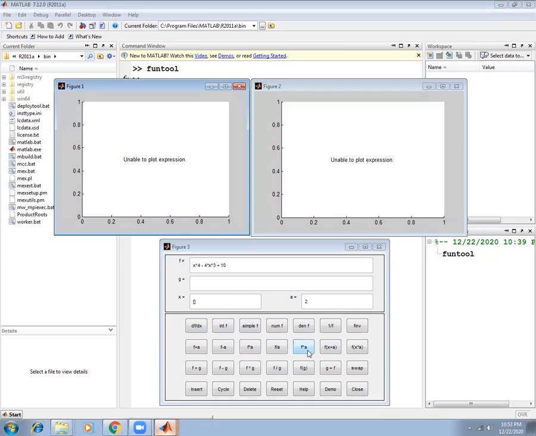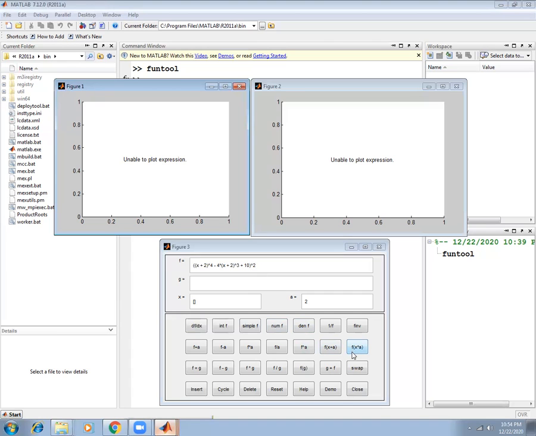f power a, the fifth control button, will return the symbolic representation of f raised to power a. And f of x plus a will replace the x variable with the new factor x plus a. This will give you x plus 2 power 4 minus 4 x plus 2 cube plus 10.